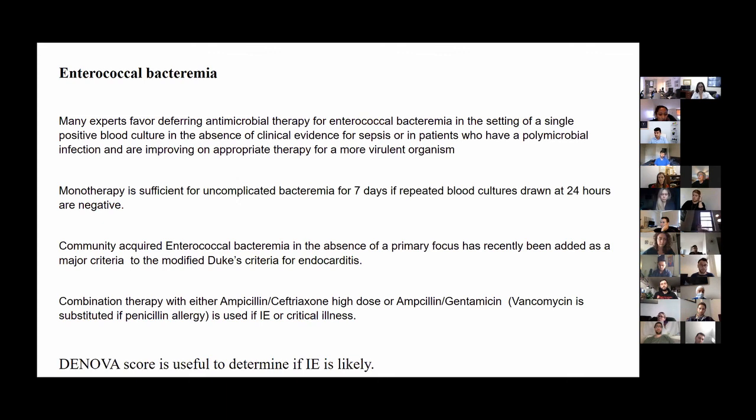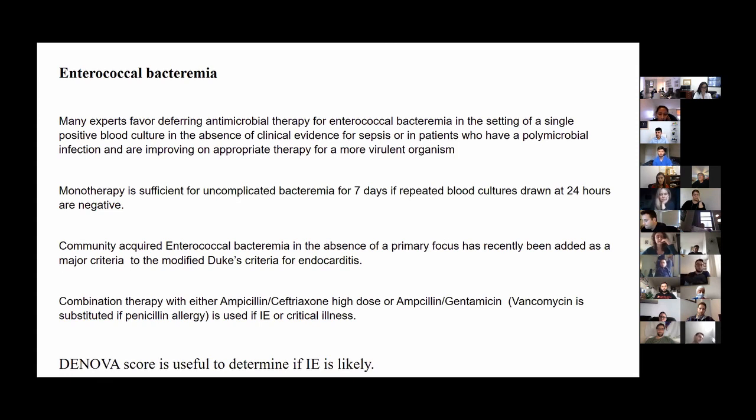So that's another consideration. It's not a formal recommendation as it is for gallolyticus, or what was known as strep bovis, that if you see that bacteria, you should get a colonoscopy, but there is increasingly a concern that enterococcal bacteremia may be a marker for colon cancer. And again, if it's a serious infection, we usually treat with combination AMP and ceftriaxone that spares the kidneys, or AMP and gentamicin.